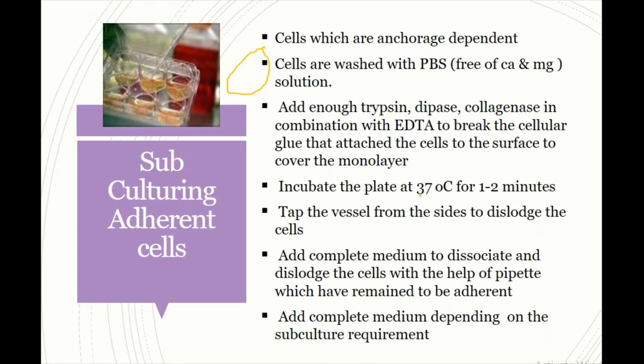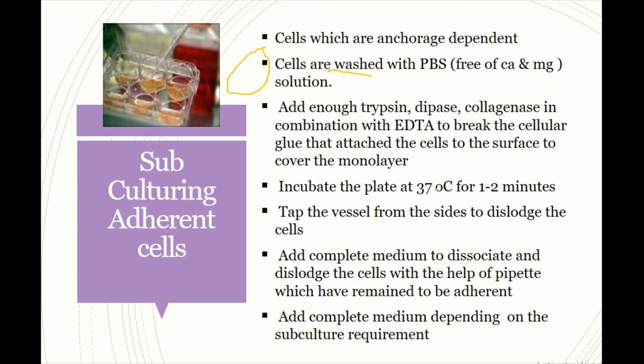So we have 2 methods of subculturing. First, subculturing adherent cells, which are cells that have attached to the monolayer. Usually we will first wash the cells with PBS that is free from calcium and magnesium, and then add trypsin, dispase, or collagenase in combination with EDTA, which is usually to break the cellular glue that has attached the cells to the monolayer.